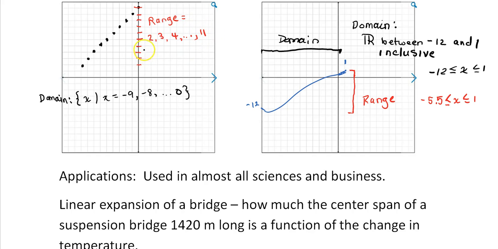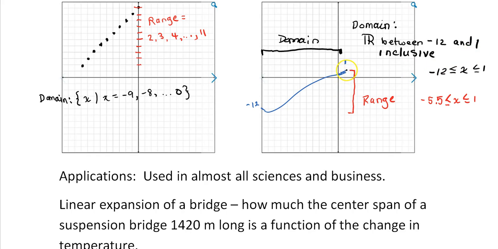In this case, again, there's nothing connecting them, so we have to take the exact value. In this case, over here, if I'm going to assume that my domain is here, in between these 2 points, the domain is going to be all real numbers between negative 12, because this is my negative 12, and 1 inclusive.